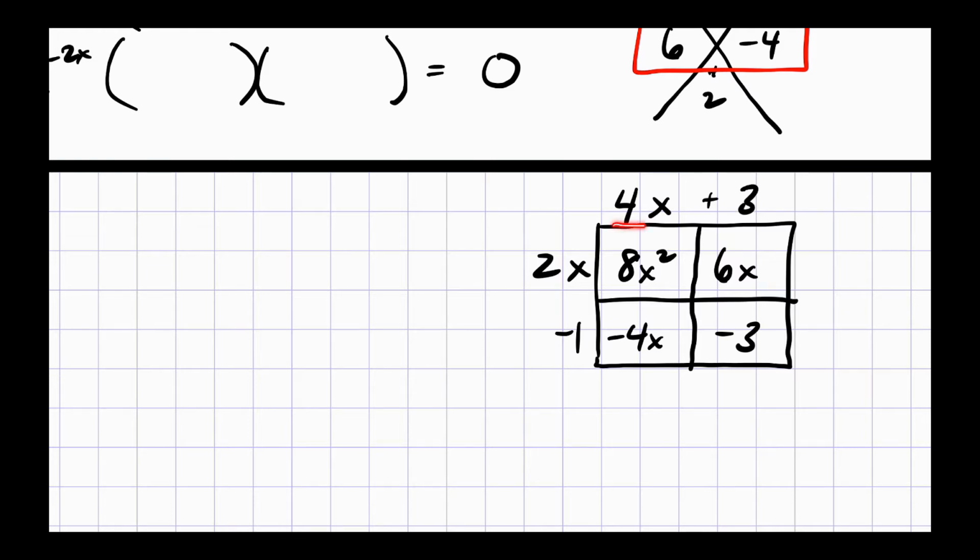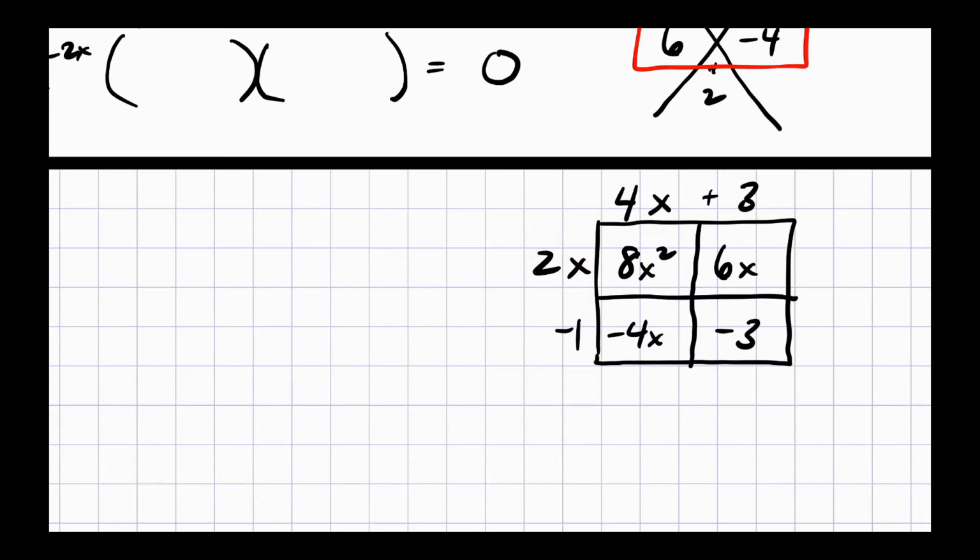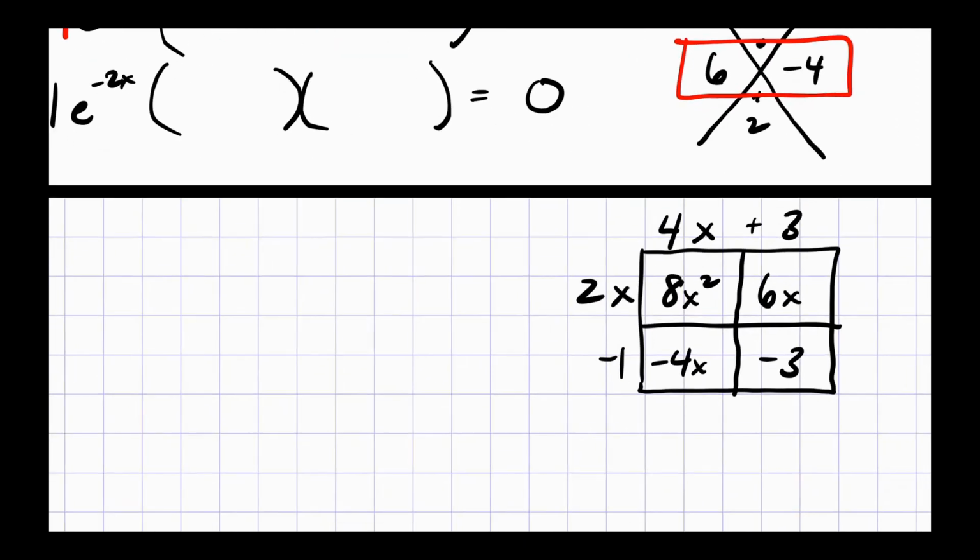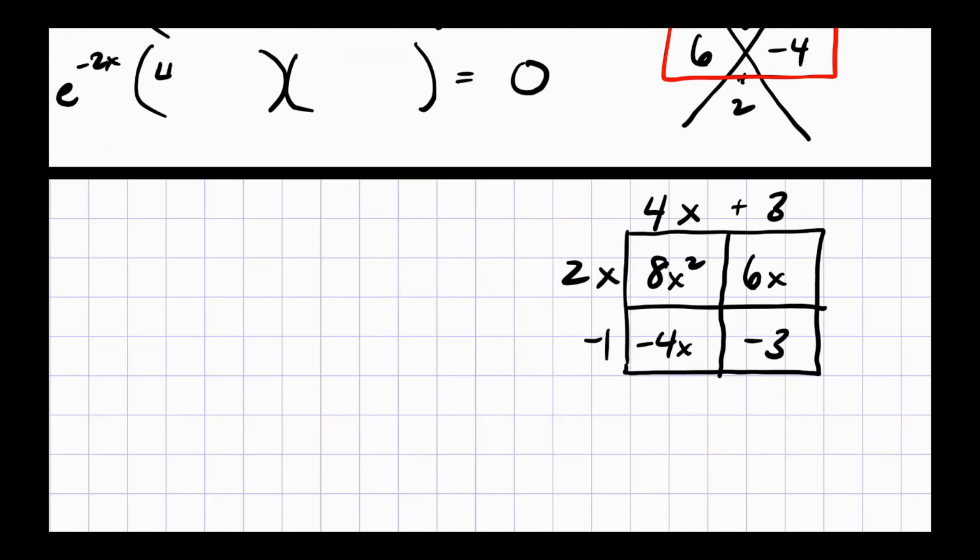So what I'm trying to check is if these guys multiply to make what's in the box. So let's double check. This times this makes this. This times this makes that. It's like a puzzle you have to figure out backwards. And that times that makes that. Okay. So that's what's going to go over here: 4x plus 3, 2x minus 1.